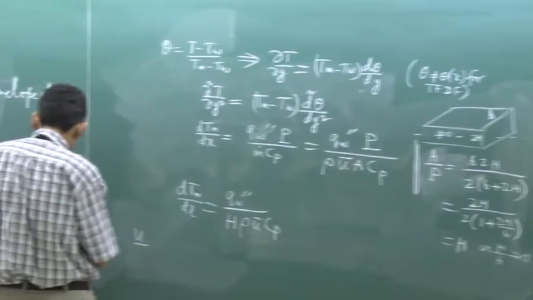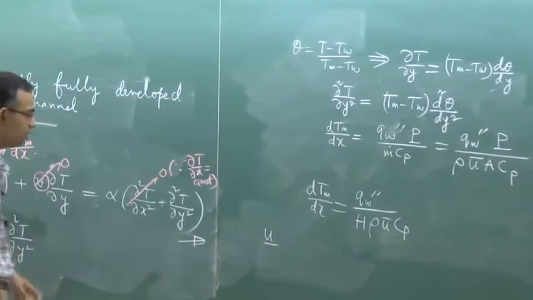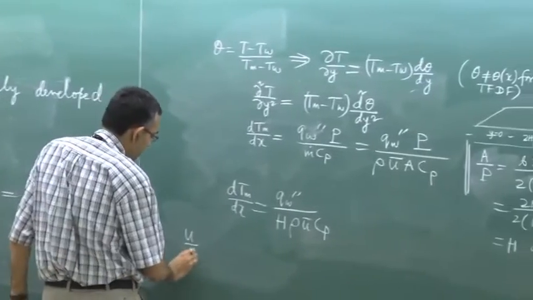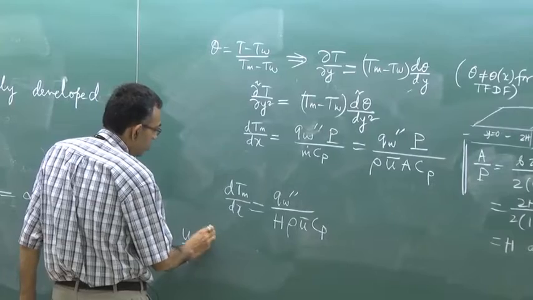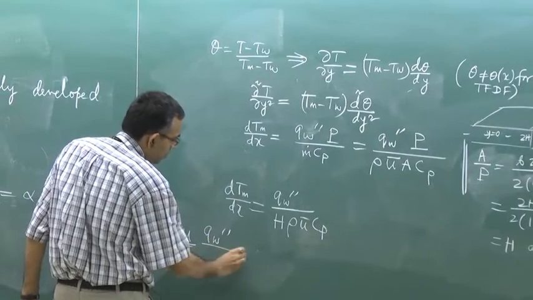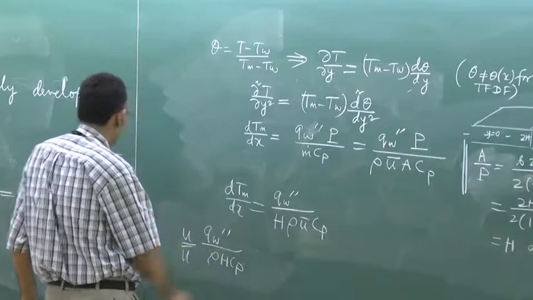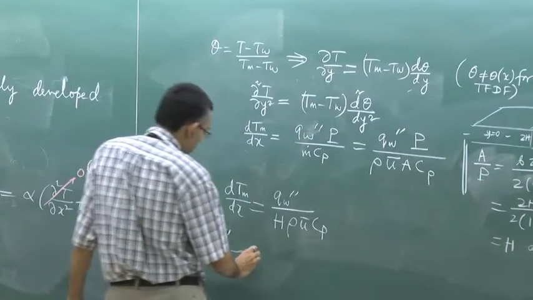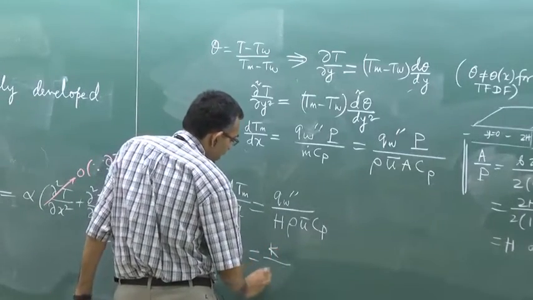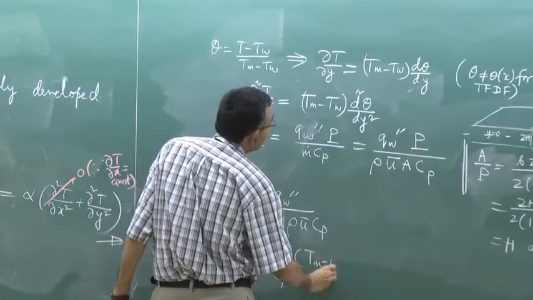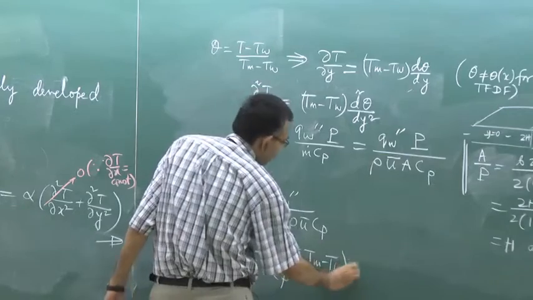We are writing this differential equation: u dTm/dx is u by u average into Q double prime by rho h Cp, equal to alpha, where alpha is k by rho Cp, into (Tm minus T wall) into d²theta/dy².